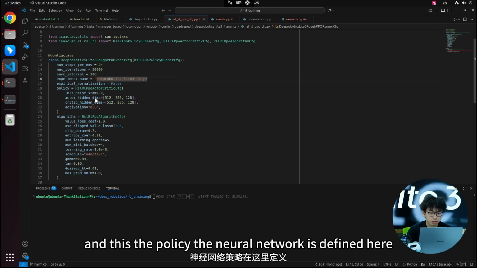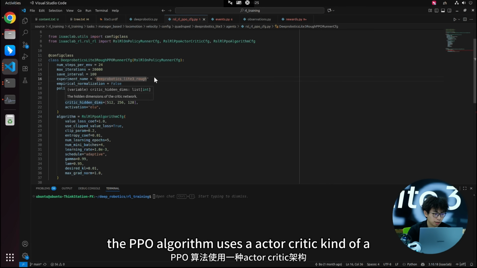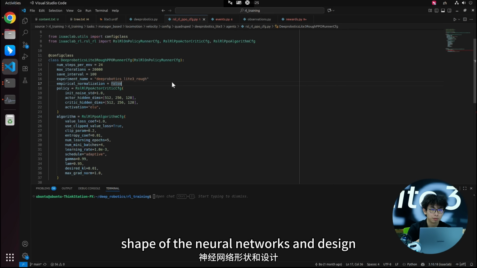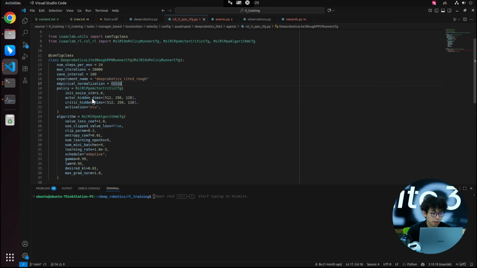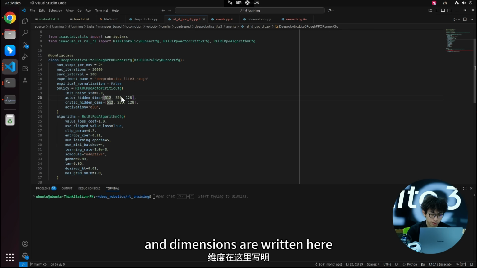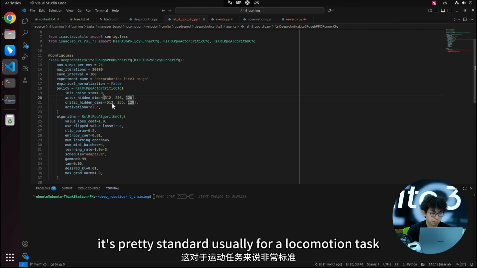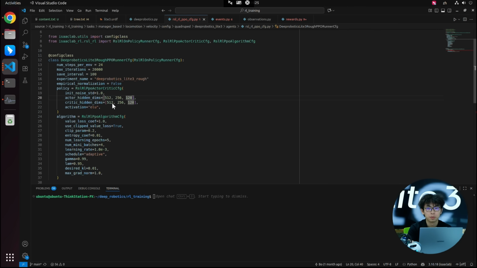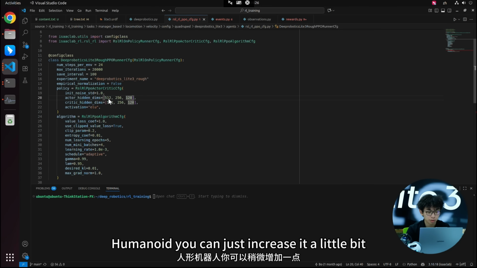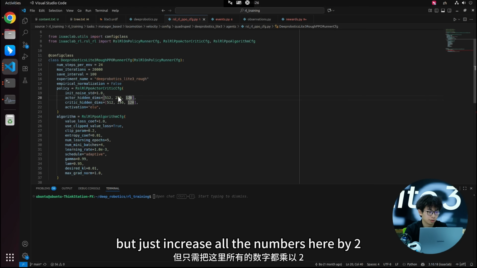And the policy, the neural network, is defined here. The PPO algorithm uses an actor-critic shape for the neural network design, and the dimensions are written here. It's pretty standard, usually for a locomotion task, either for a quadruped, wheeled quadruped, or sometimes a humanoid. For a humanoid, you can just increase it a little bit, by increasing all the numbers here by 2.